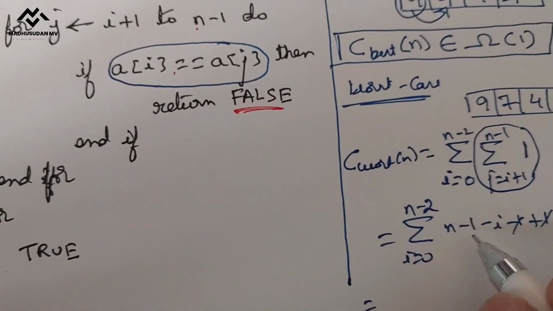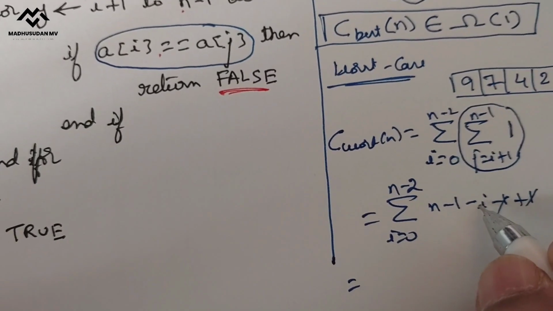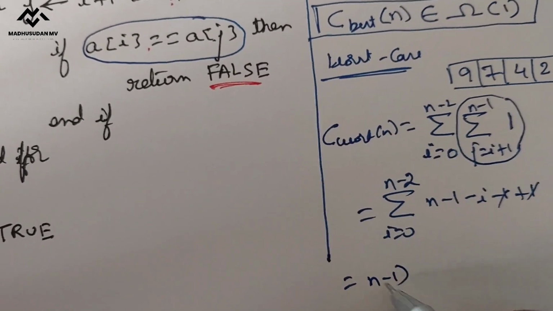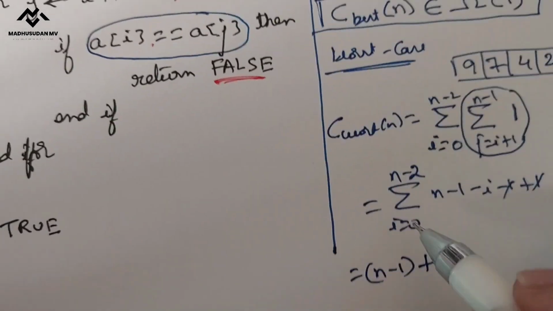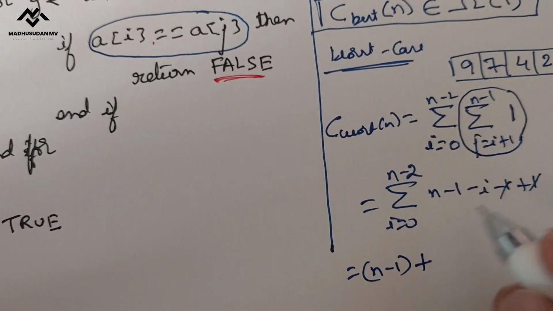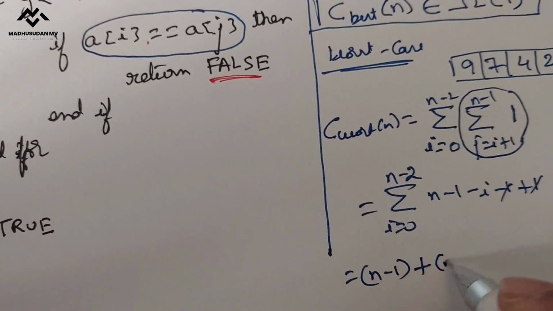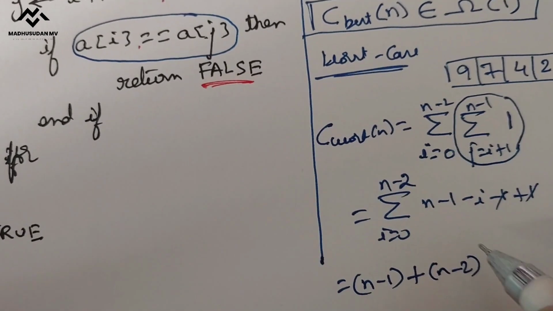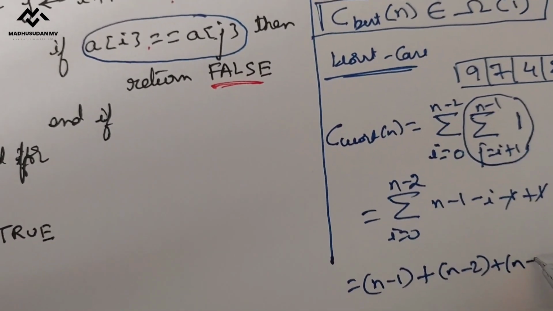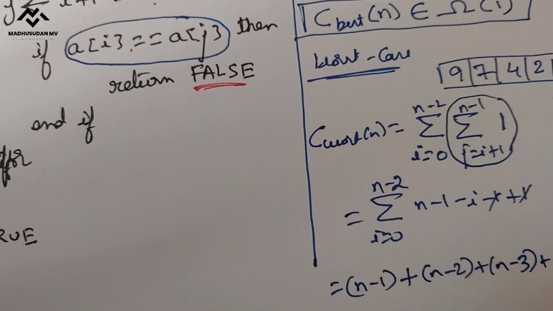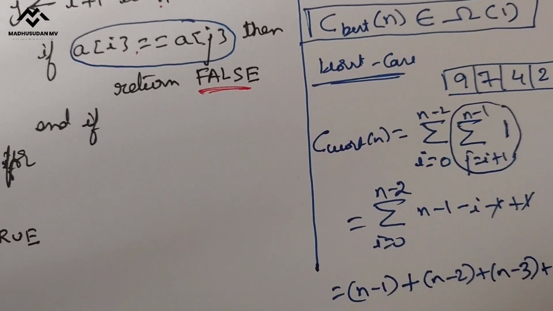So now keep replacing the value of i by 0, 1, and so on. If you put i equal to 0, it becomes n minus 1, then summation plus. Next value of i is 1, so n minus 1 minus 1 becomes n minus 2. Next, i equal to 2 gives n minus 3. Like that it keeps going until at one time it becomes 1, 0.